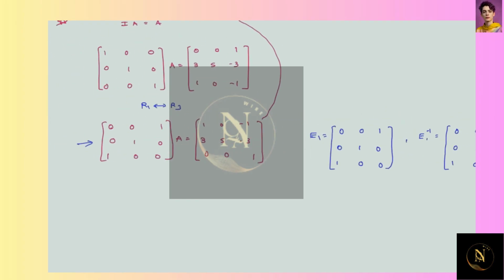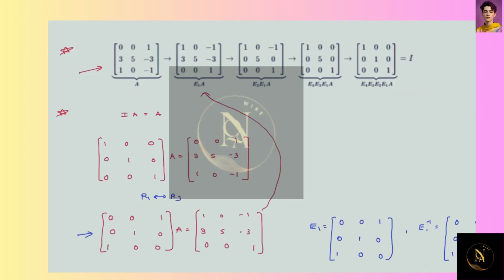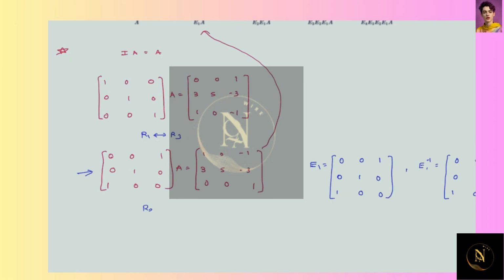Right, now as we can see here, we have a 0 for the first column, right? Which means now we need to use the row operation R2 minus 3R1, right? Which means we need to multiply the first row by minus 3 and add into second row, right?